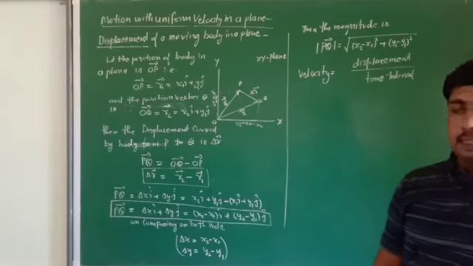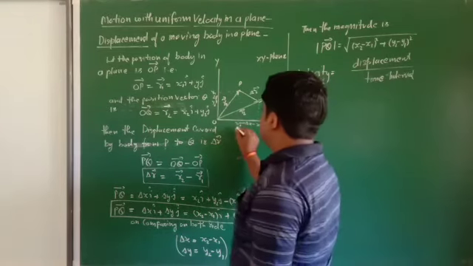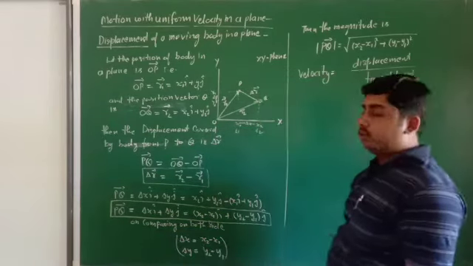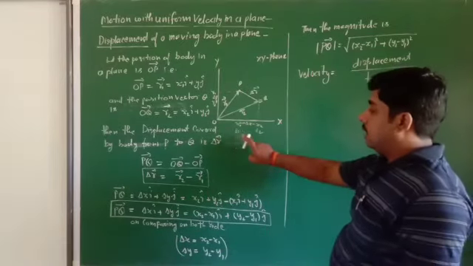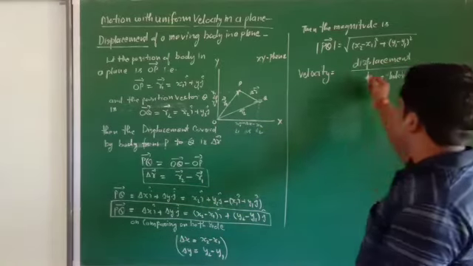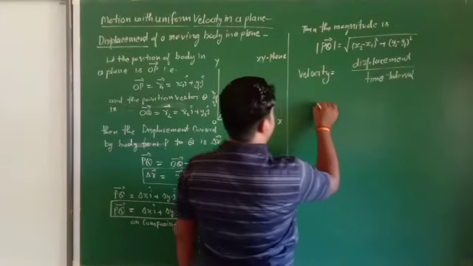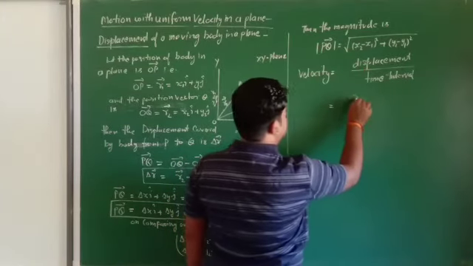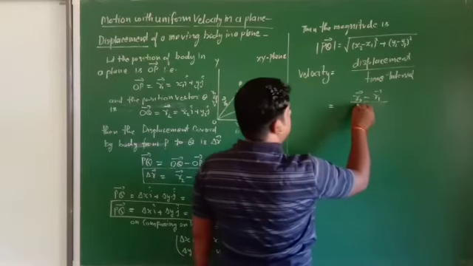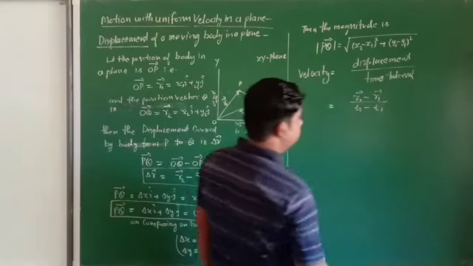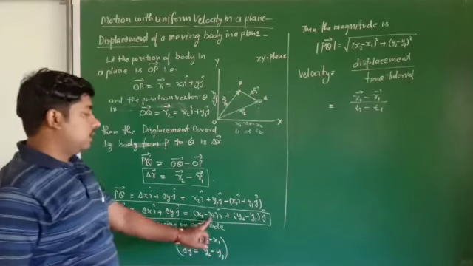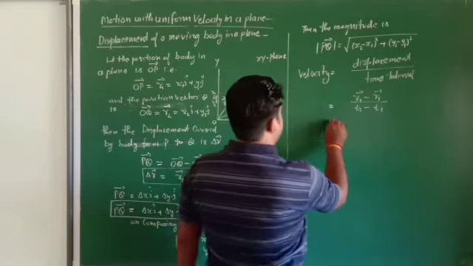If the body has position r1 at time t1 and position r2 at time t2, then in the time interval delta t, the displacement is vector r2 minus vector r1, so velocity is equal to (r2 minus r1) upon (t2 minus t1).